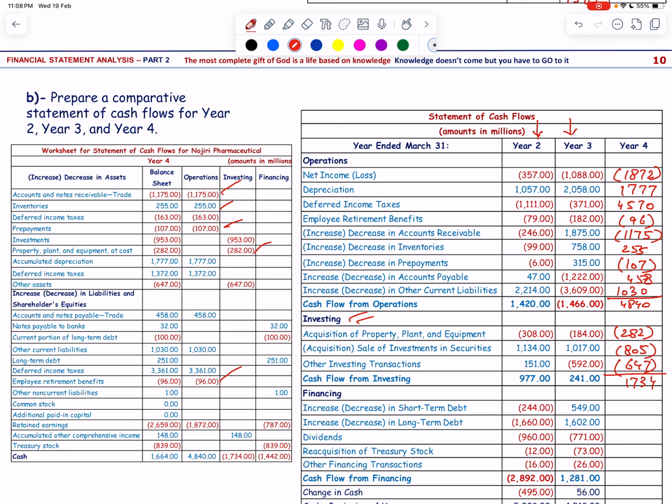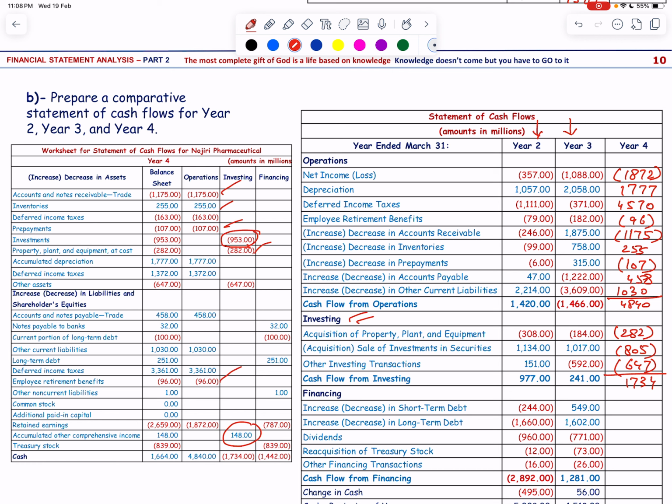Now don't forget that when we are talking about this 805, the acquisition or sale of equity, we have two components over here. You can see how much is this? 805. We have the investment of 953, and then we have accumulated 148.